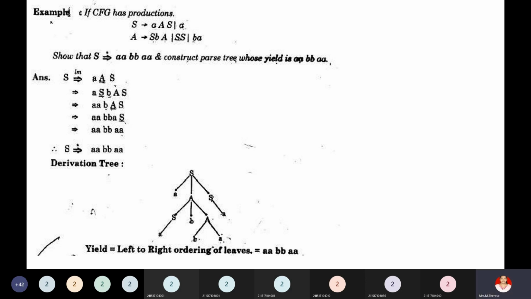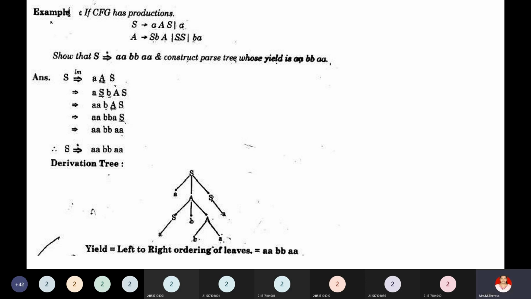Next you have 2 more non-terminals, A and S. You need to choose a production rule to replace this A. Here ba is taken to replace this A. At last, there is only one S that can be replaced by a, so that the required string aabbaa is derived from the start symbol.